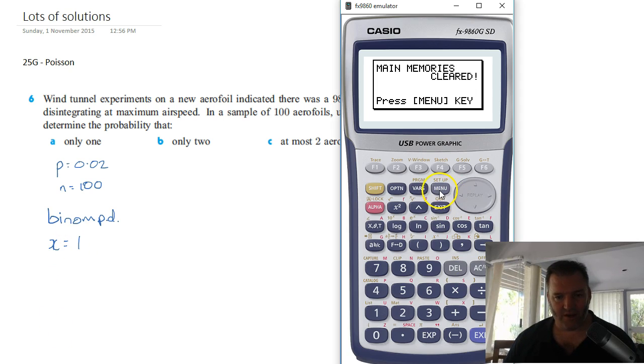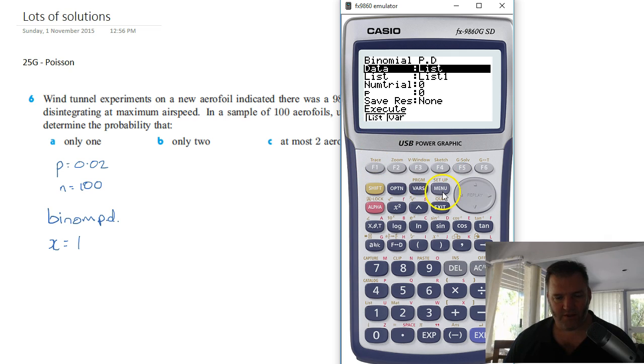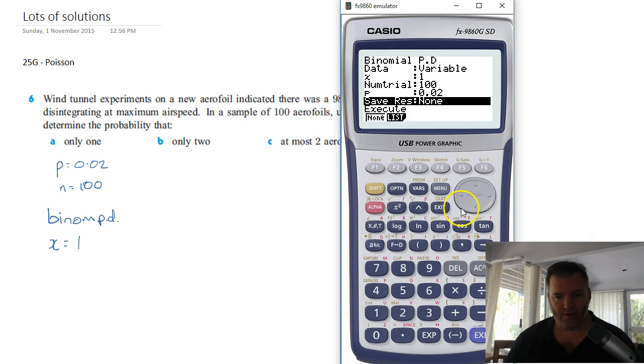Works the same way. So here we go, into our menu, number 2 for stats. It's a distribution question, binomial distribution. I want to know for one specific value. It's not in a list, it's a variable. Don't feel like typing out a list to 100. I want to know exactly 1 failure. Number of trials is 100. The probability of a failure by any one aerofoil, not hydrofoil, aerofoil, is 0.02.